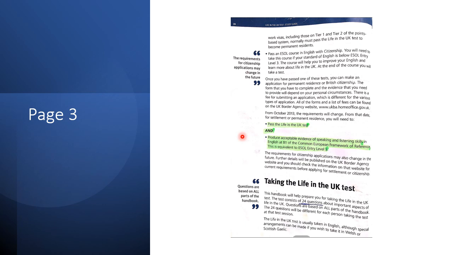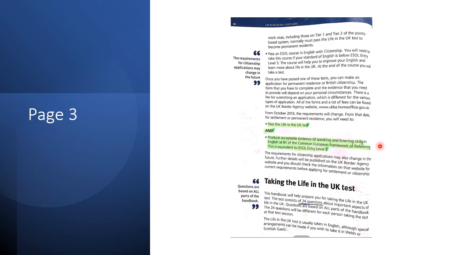But in October 2013, they changed the rules, and now they say that you have to have both of these. You can see this: pass the life in the UK test and produce acceptable evidence of speaking and listening skills in English at B1 of the Common European Framework of Reference. This is equivalent to ESOL entry level 3.